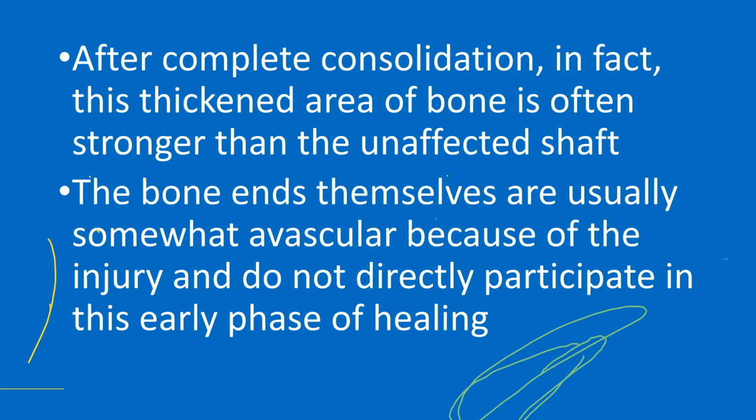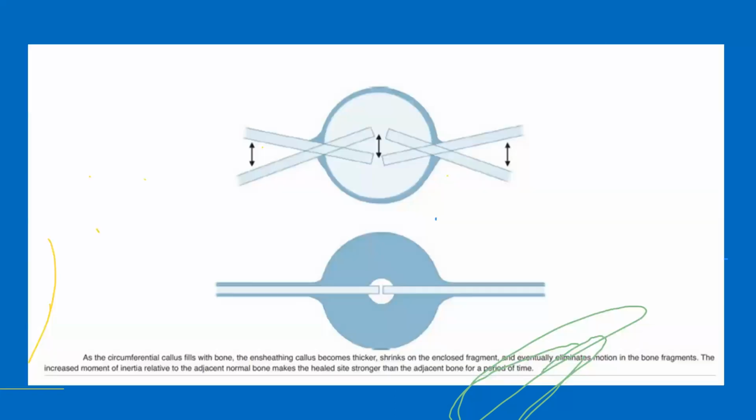Why? Because the unaffected bone is weaker than the bone formed by the callus. The bone ends themselves are usually somewhat avascular because of the injury and do not directly participate in the early phase of healing. This is very true.